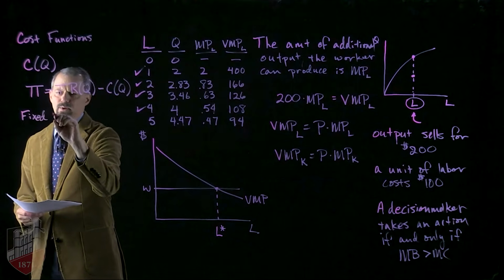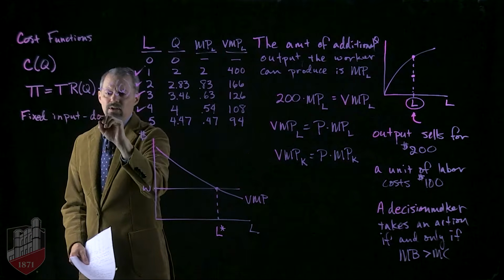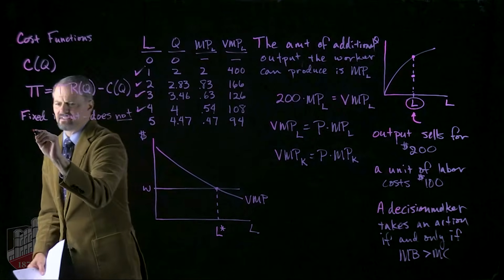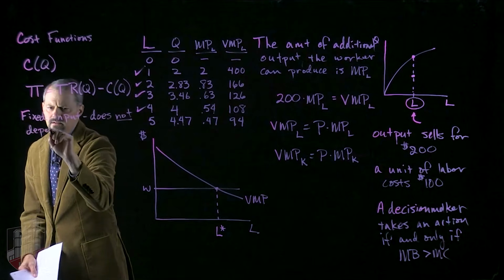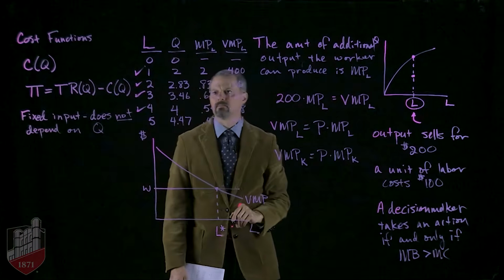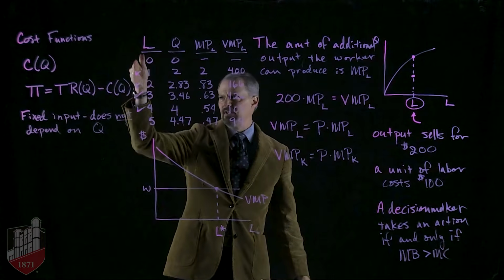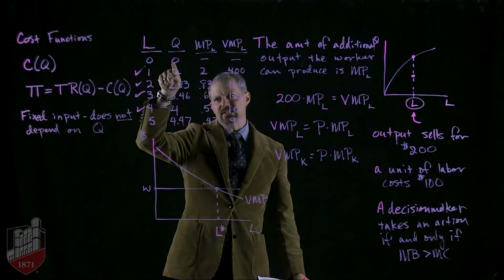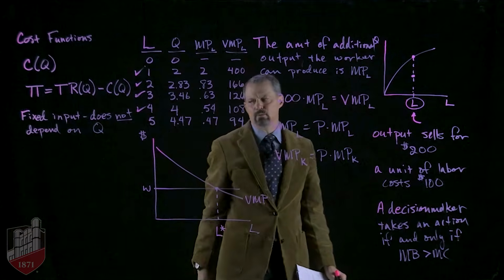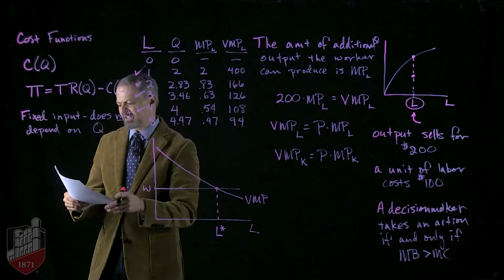A fixed input does not, I'm going to underline that, does not depend on Q, output. In that first table we did, we had capital here, it was 4. In other words, it didn't depend on output. We could produce more output, but we were using the same amount of capital. That was our fixed input.